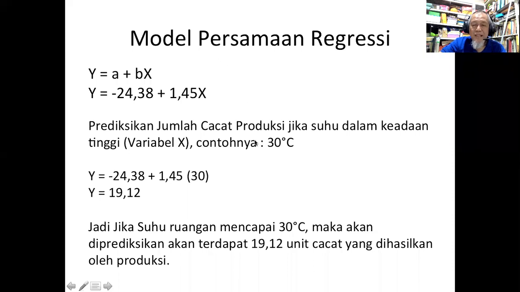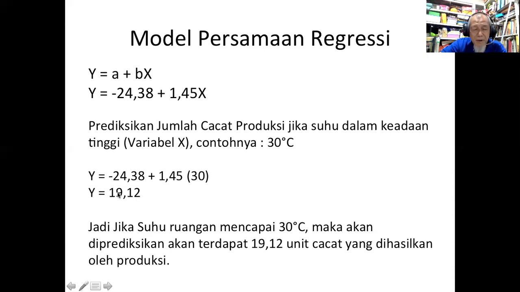So we put this independent variable into the model X, and we find the constant is minus 24.38 plus 1.45, the regression coefficient, times the room temperature 30 degrees, and then we have 19.12.